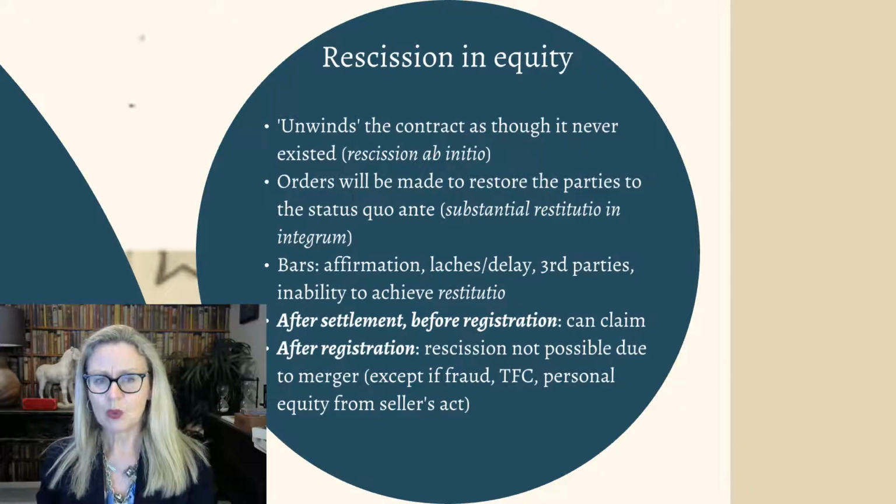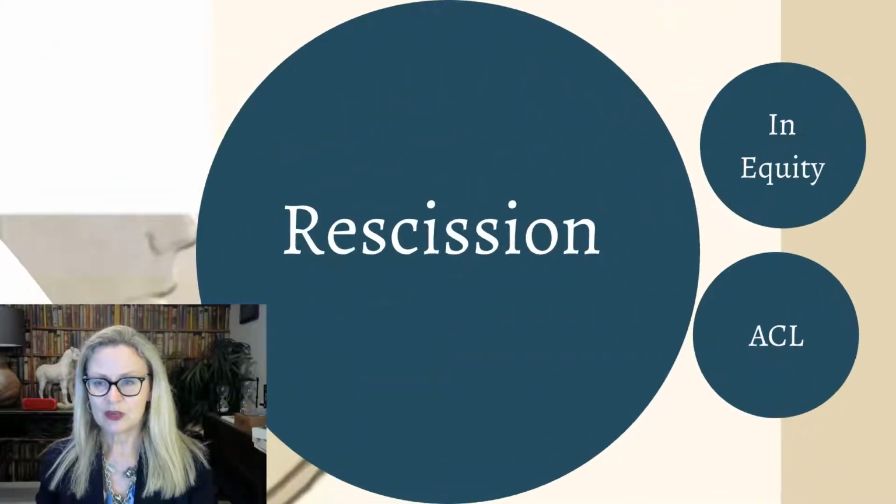We know that there are certain bars that will apply, and we know that it gets progressively more difficult to claim rescission as you head towards and after registration. Certainly after registration, rescission is not possible, and you're going to actually have to try and seek an order for reconveyance there. So that's rescission in equity.